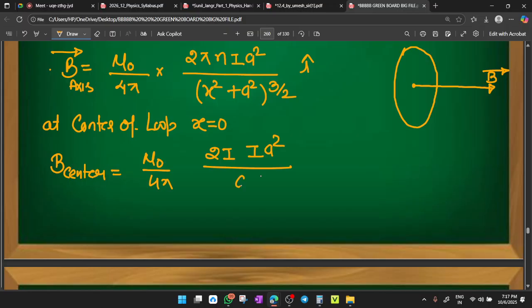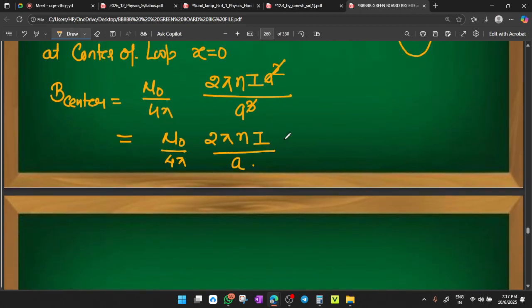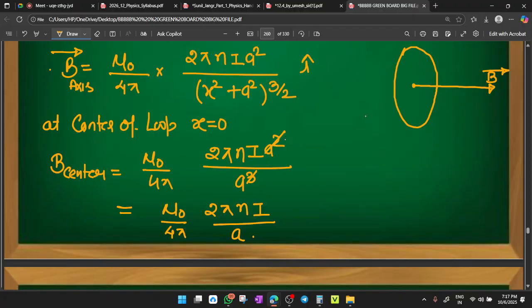So the a square cancels and here it will be a cube. Sorry, it has to be 2 pi n I. So this will be mu naught upon 4 pi, 2 pi n I upon a. Clear? Here a is the radius.